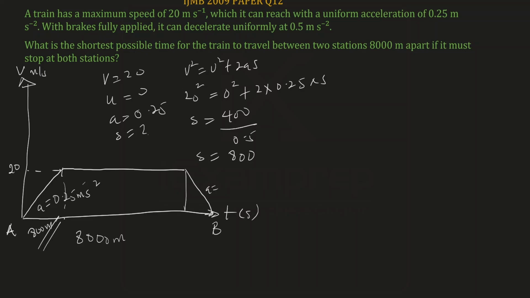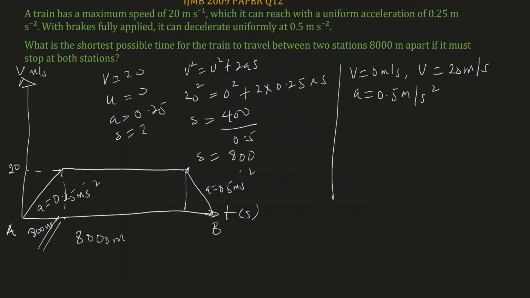Since it's going to come to rest, we know that v is equal to 0 meters per second. U will be the initial speed when it's decelerating, so u is equal to 20 meters per second. We have the deceleration to be 0.5 meters per second squared. Then we can find s.